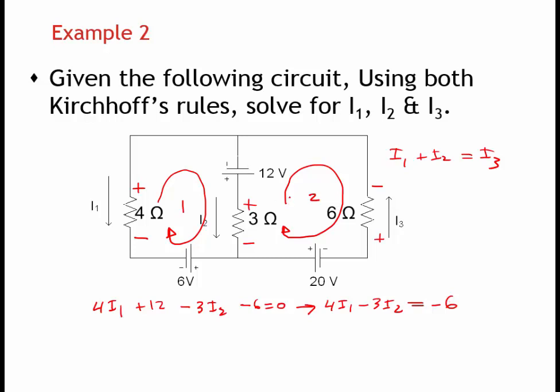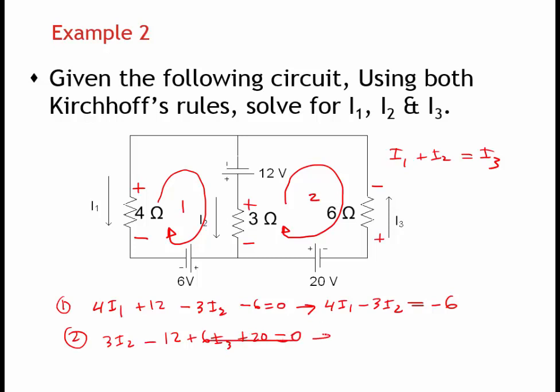And then again, for loop number 2, if we're starting over here at the 3 ohms, this becomes 3 times I2, minus 12, plus 6 times I3, and then plus 20 is equal to 0, right?